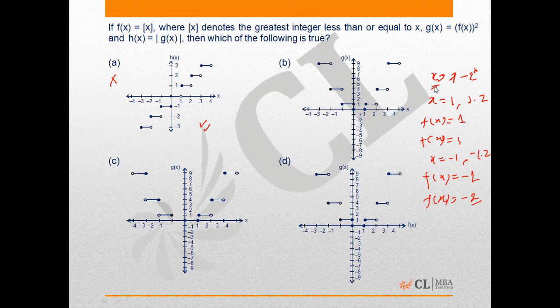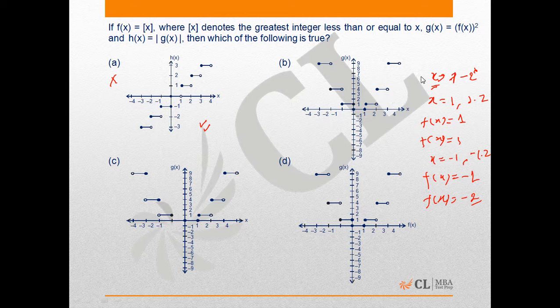So if x lies between 1 and 2 but it is not equal to 2, but it can be equal to 1, then the value of f of x is always 1. And when f of x is 1, g of x will also remain 1, because square of 1 is 1.